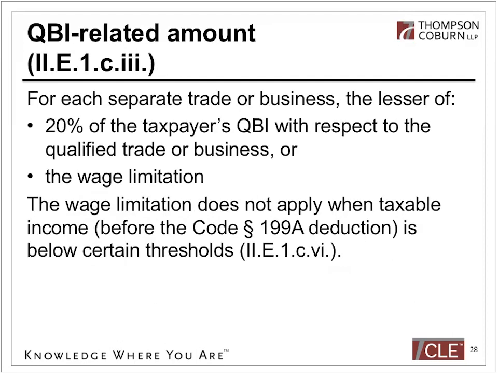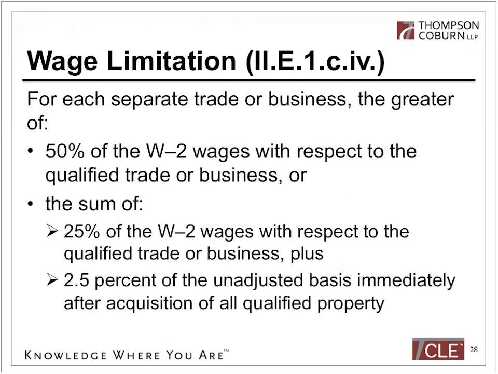The deduction is really the lesser of the 20% of the business income or a wage limitation. And that wage limitation does not apply when the taxable income is below certain thresholds. So the wage limitation for each separate trade or business, you get to choose what you use. Each year you get to choose it.